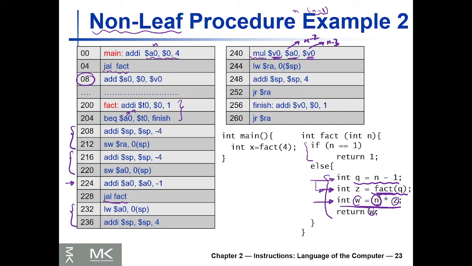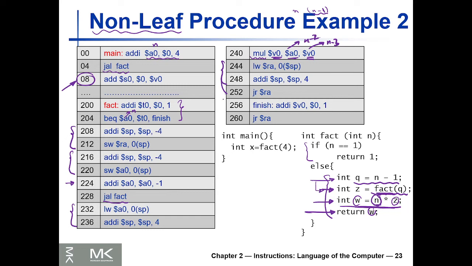Then we stop. After that we return to the main function, to 0, 8. So in that case we should restore RA from the stack and increment SB and make the return.